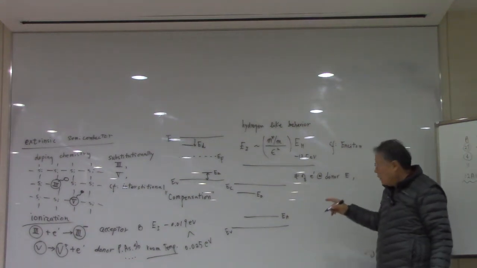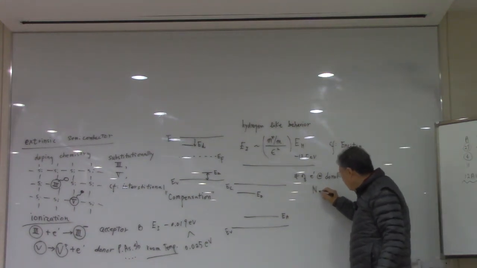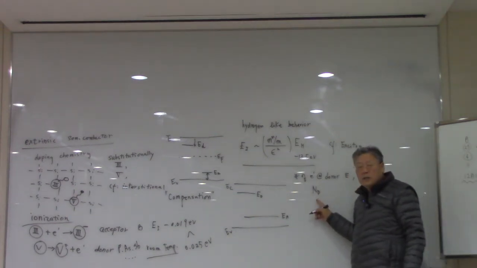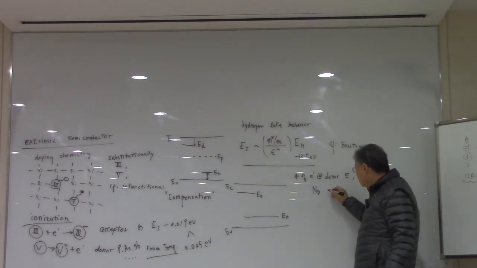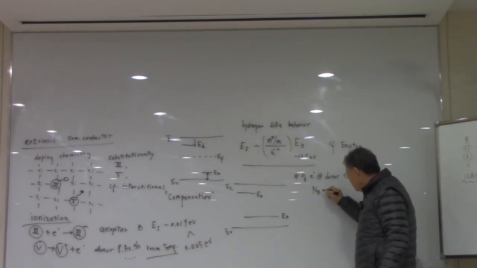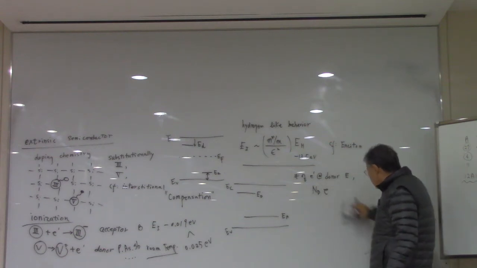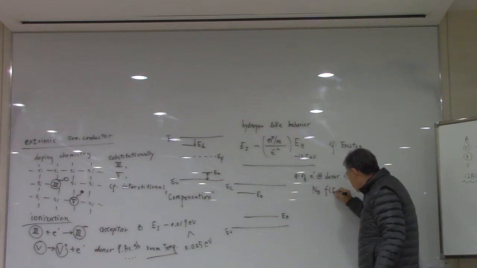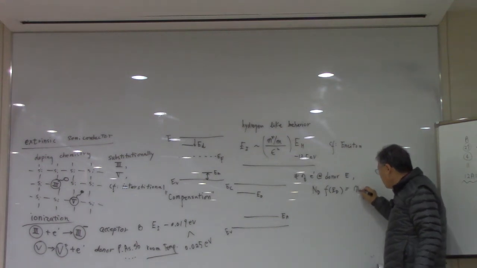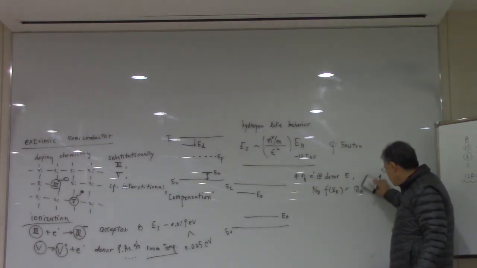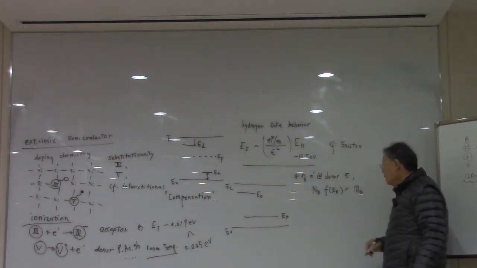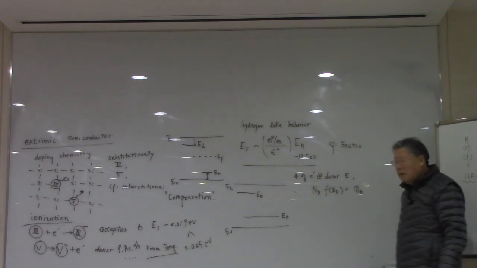Now, how can you derive this? You have an effective density of states or dopant concentration times the Fermi-Dirac statistics, okay? F of E_D. Then you're going to have the number of electrons at the donors. Okay, that is the number of electrons at the donors.